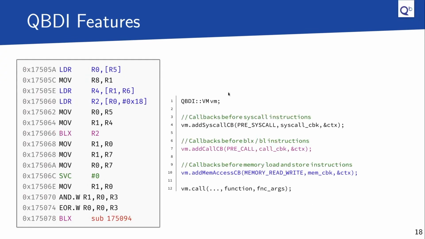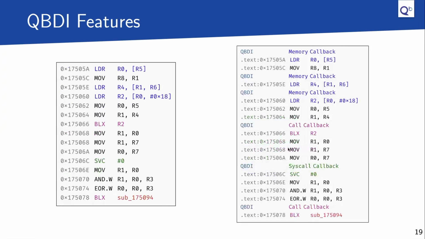With this API, you can say, okay, let's set up a callback on the syscall, let's set up a callback on the call instruction, and let's set up a callback on memory read or write access. You can also select memory read only, or memory write only. Then you will only have callbacks before the instructions you select through the API, and you don't pay the overhead for the other instructions.